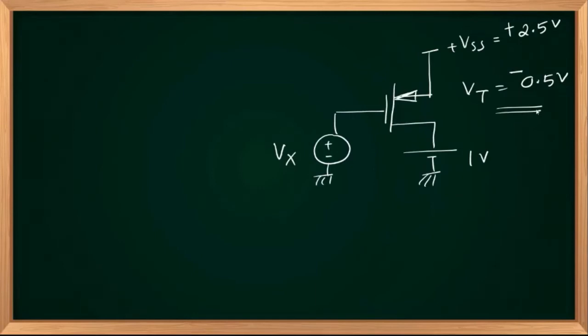Identify the range of Vx such that the transistor remains in saturation. Of course, you will have 4 options. Let me write the options also. You can start solving the problem.